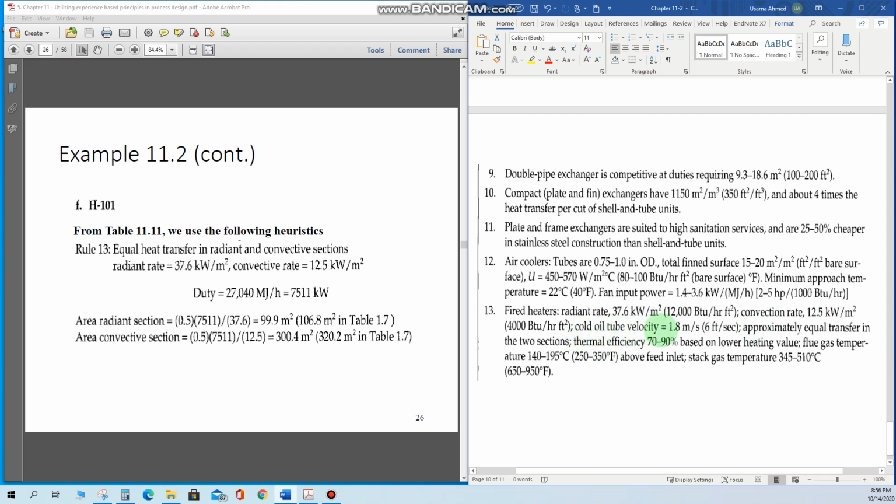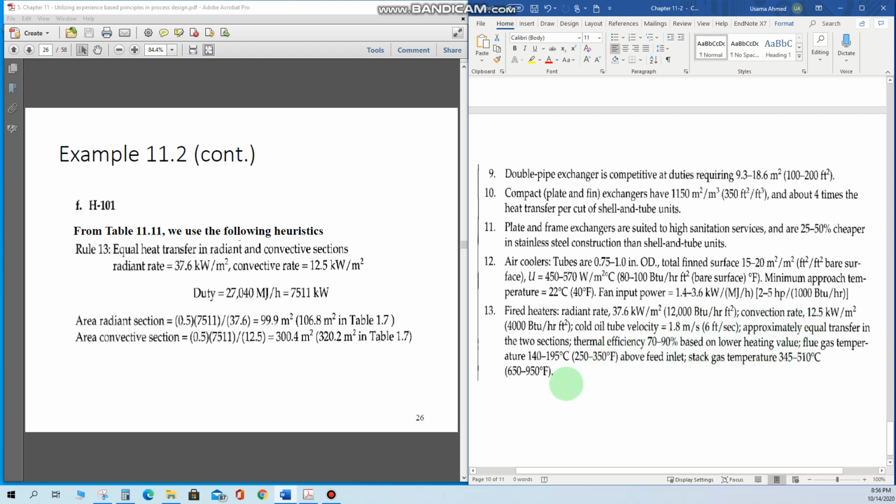Cold oil tube velocity is the velocity of the oil in the tube. Approximately equal transfer in the two sections. Thermal efficiency is between 30 to 90% based on lower heating value. The flue gas temperature is 140 to 195 above feed inlet. Stack gas temperature is 345 to 510 degrees C.